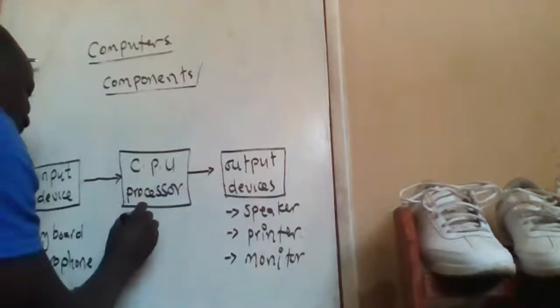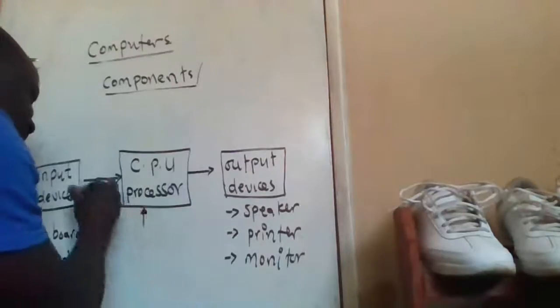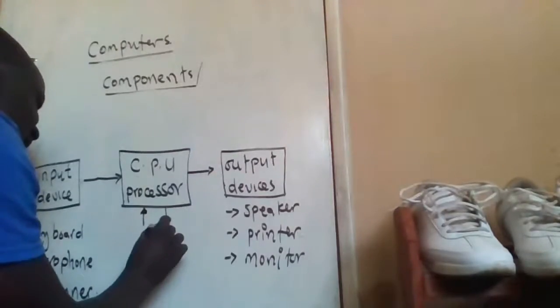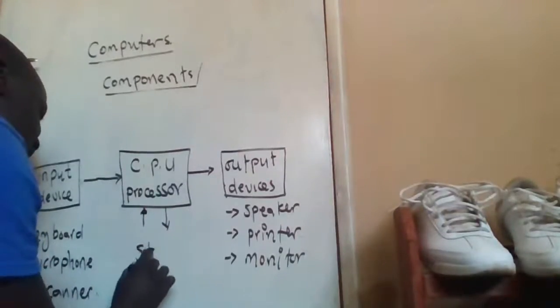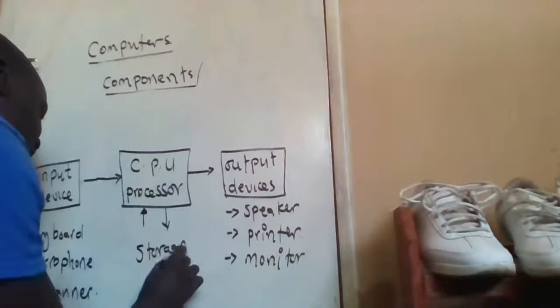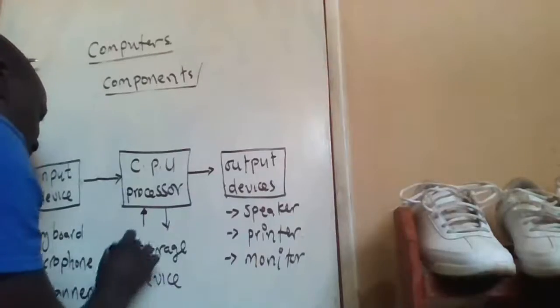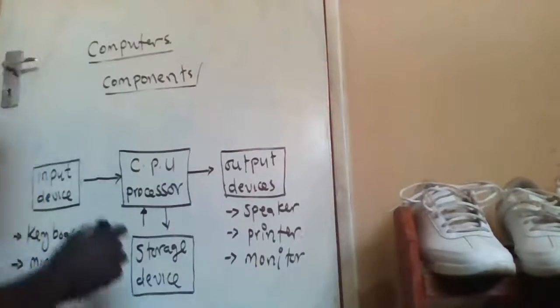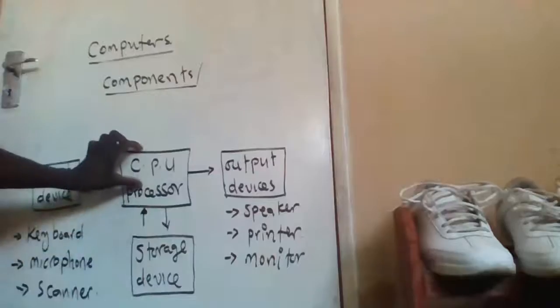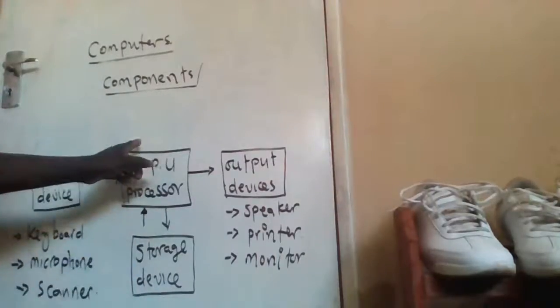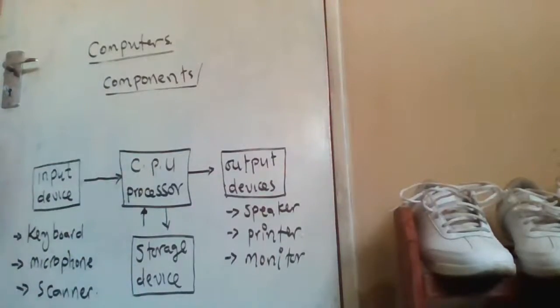And then we have this thing here, which does the two, getting in and taking out: the storage device. The storage device is able to get information from here, and then it is able to take it back. Speak of downloading a song.